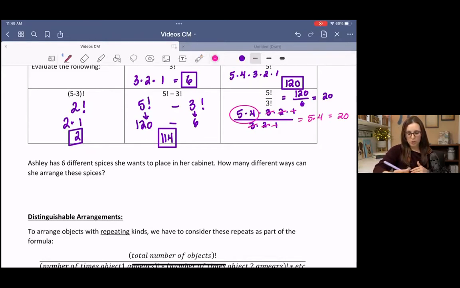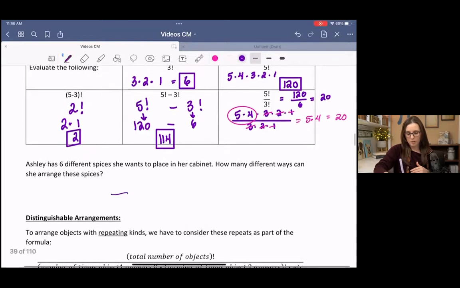In the first spot, she has 6 spices to be placed there. In the second spot, she's already put 1 spice in its place, so now she has 5 spices, now 4, now 3, now 2, now 1. Or we could write that as 6 factorial.